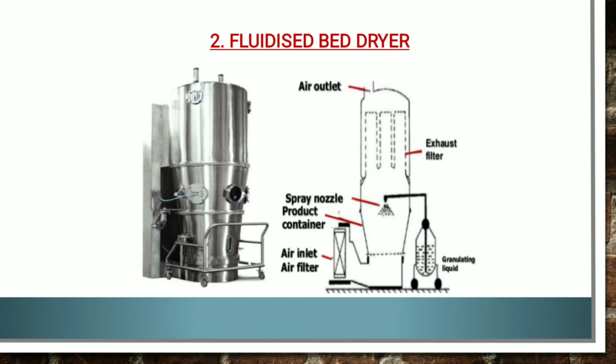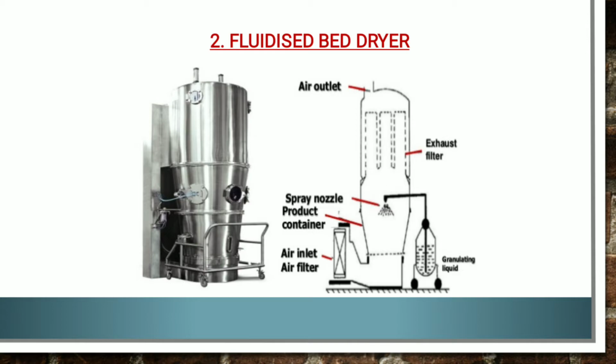Fluidized bed dryer operates by passage of heated air through fine mesh which supports the bed of powder. It consists of a conical vessel of either plastic or stainless steel with a perforated bottom into which the material to be dried is placed.